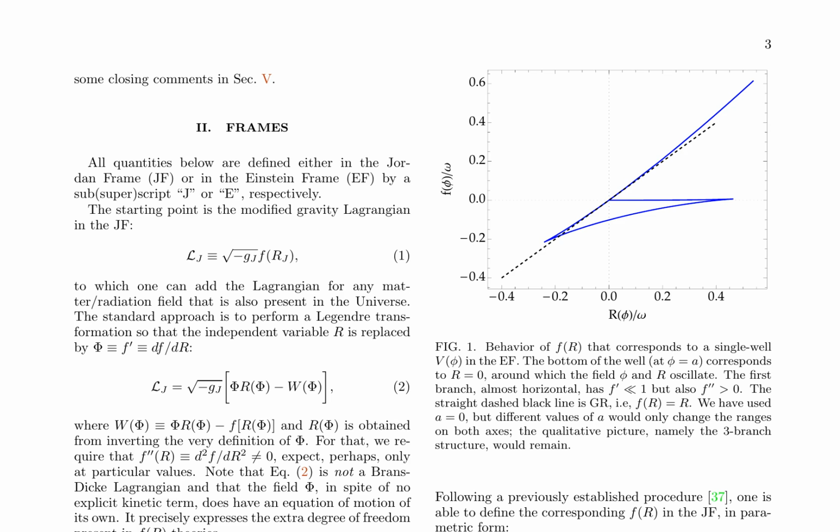A conformal transformation is then applied to transform the action to the Einstein frame, EF, where g^E_μν = φ g^J_μν.